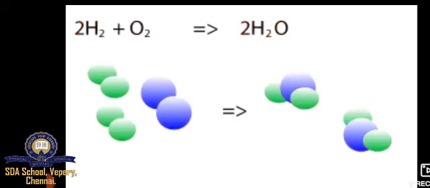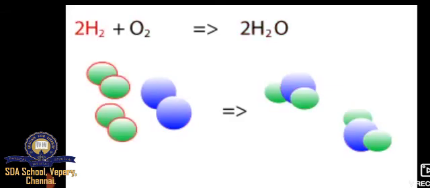One violet ball is combined with two green balls, that is two hydrogens combined with one oxygen, giving out one water molecule. Here we are getting 2H2O, that is two water molecules formed. So one oxygen combines with two hydrogens, and we have two combinations. This is what we call rearranging of atoms.